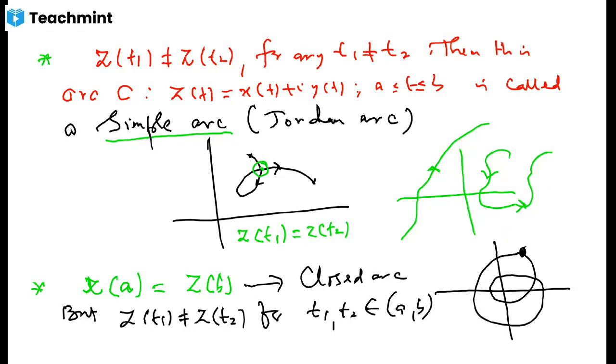Elsewhere it doesn't meet or intersect itself. In this case, the arc is known as a simple closed arc.